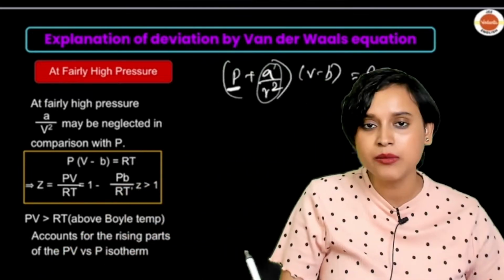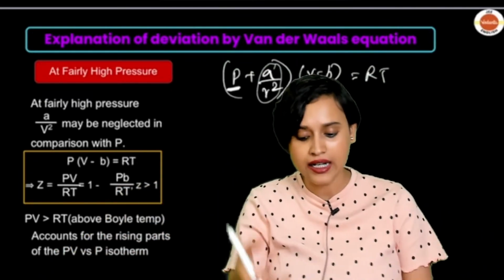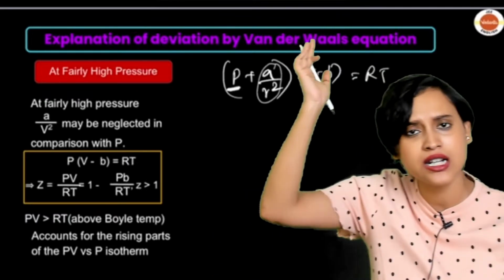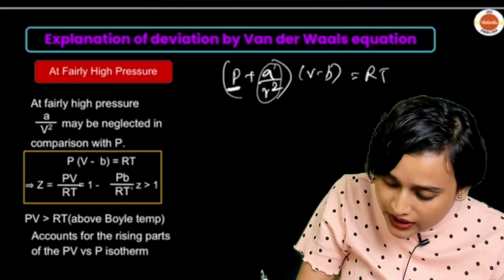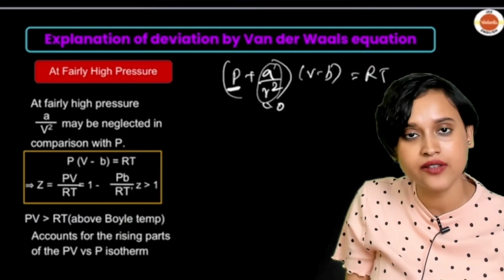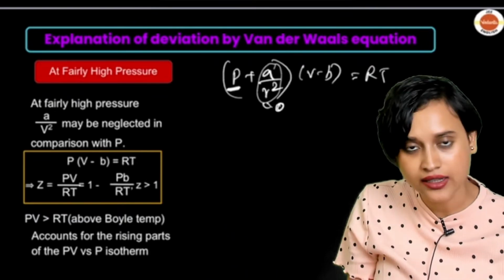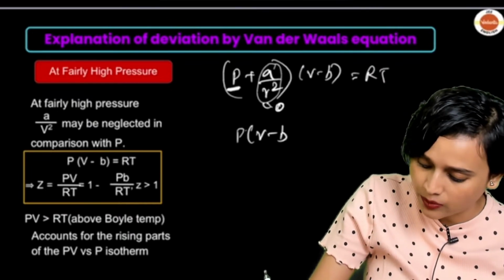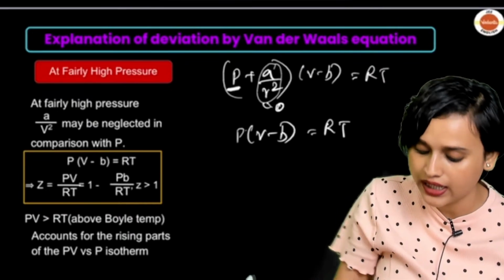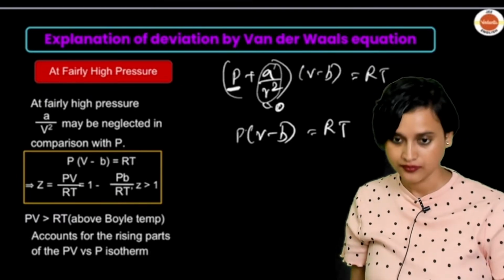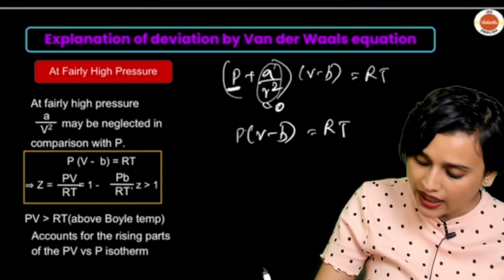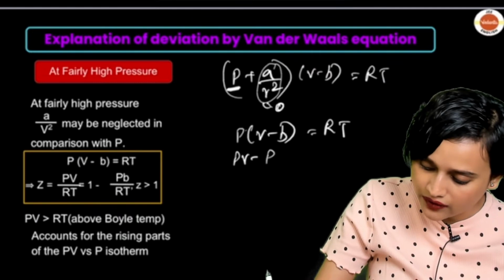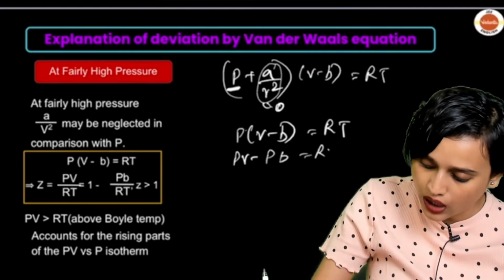Very similarly here, P is so high that a by V square, let's consider it to be negligible. Then my equation becomes P multiplied by V minus b is equal to RT. Am I right, everybody? Then I can also write it as PV minus Pb is equal to RT.